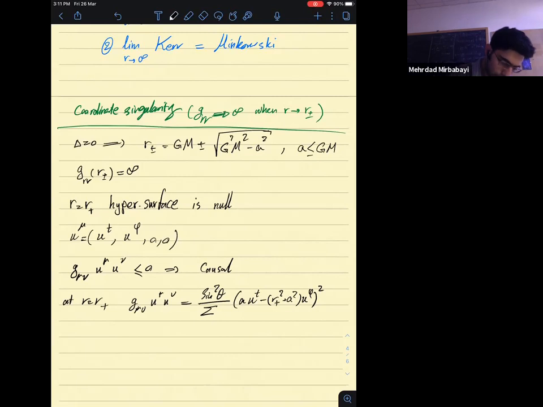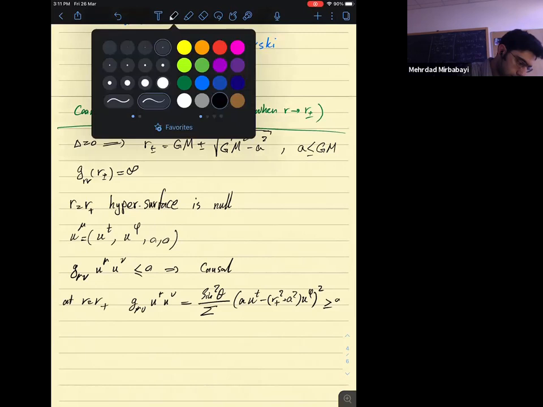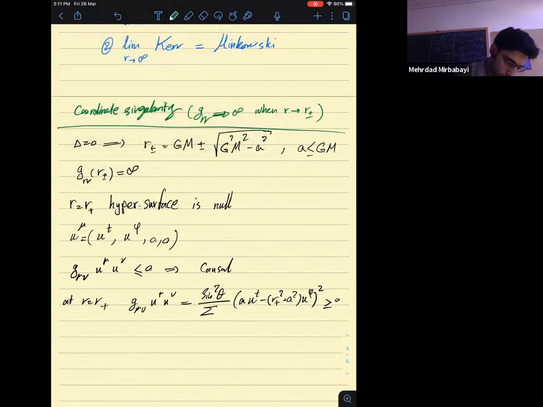So the fact that this is non-negative implies that this hypersurface is null, and therefore it is a horizon.